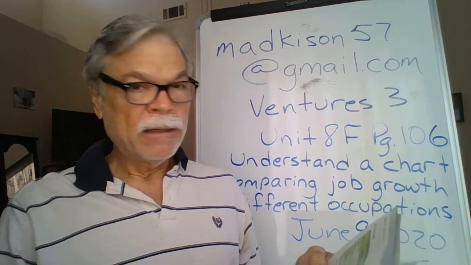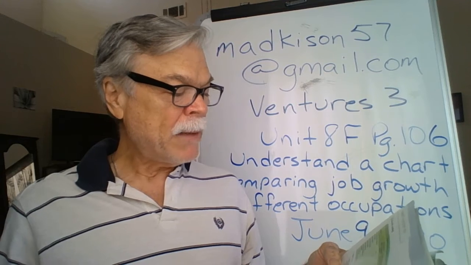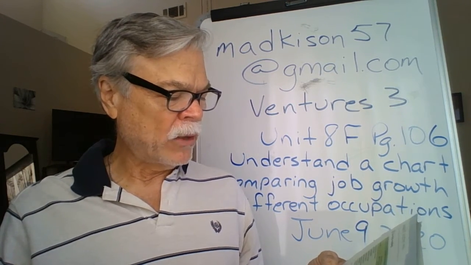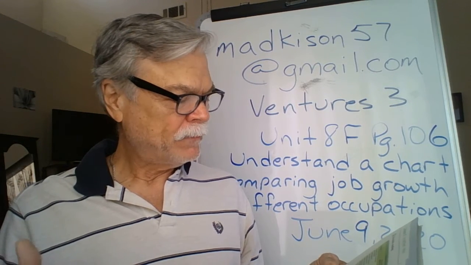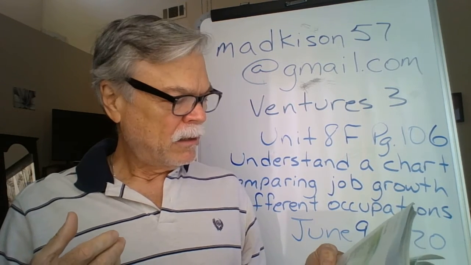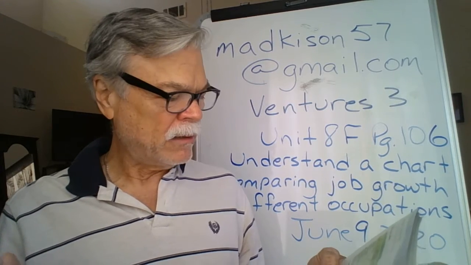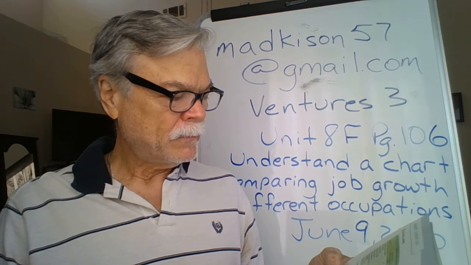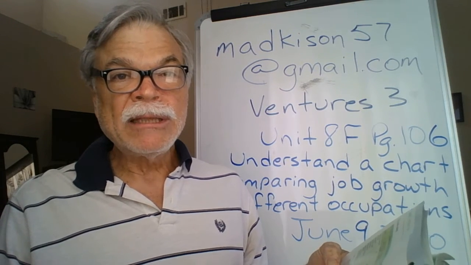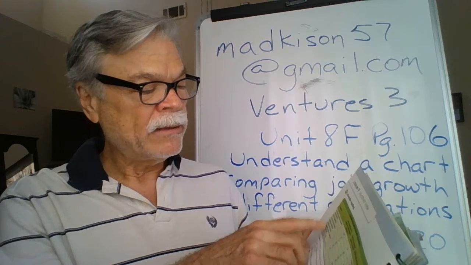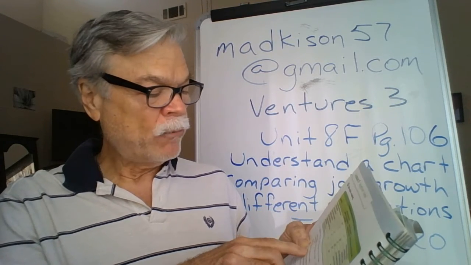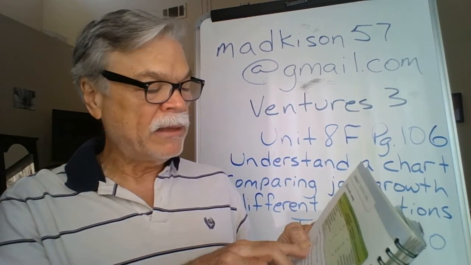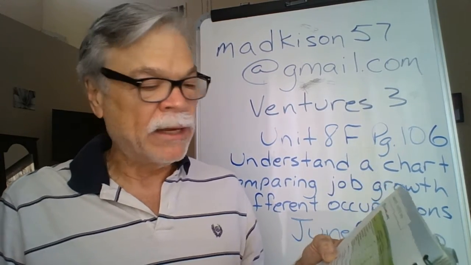Maybe they mean only one requires an associate's degree. That's possibly the reason why A is not chosen. Maybe they're just saying that you can find an occupation that requires an associate's degree, and they didn't mean only one. They just meant that there is one that requires an associate's degree.